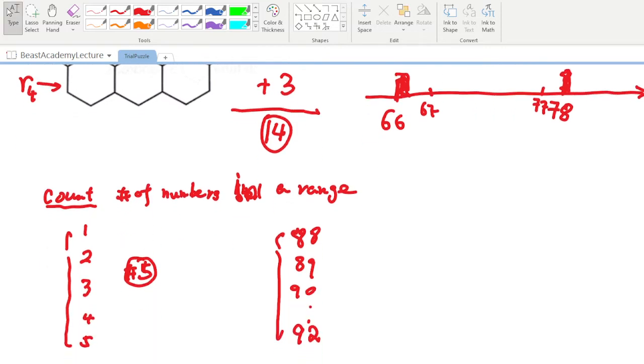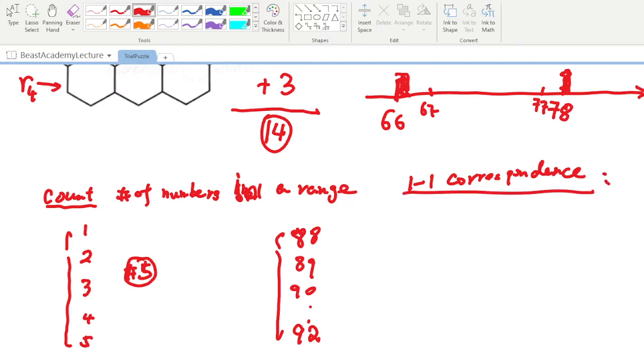Okay. In order to count this, I want to introduce some concepts. These concepts are very simple, but they are always used. This is called the one-to-one correspondence. Let me explain this concept for you.